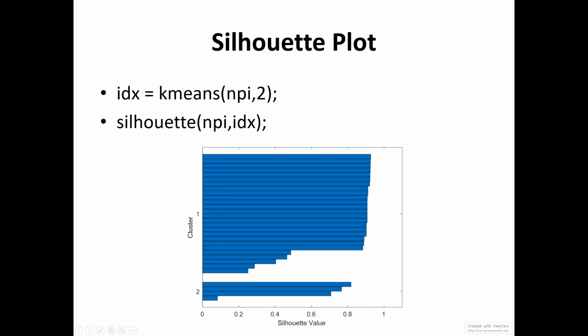Then it will show you the result kind of like this one. You can see the majority of the cases in this round are classified into the first group, and the rest of the cases are in the second group. And you probably see that, because we have only 30 cases, are these really meaningful?